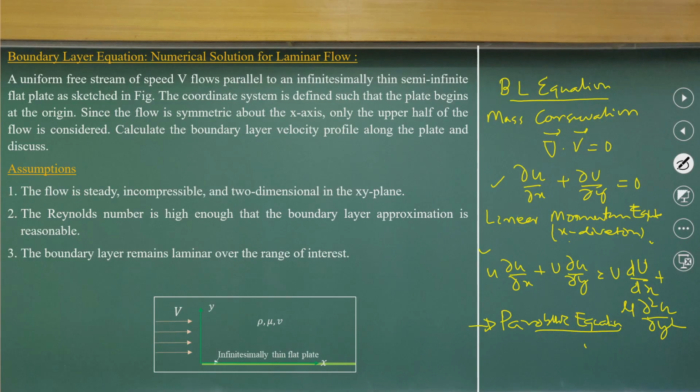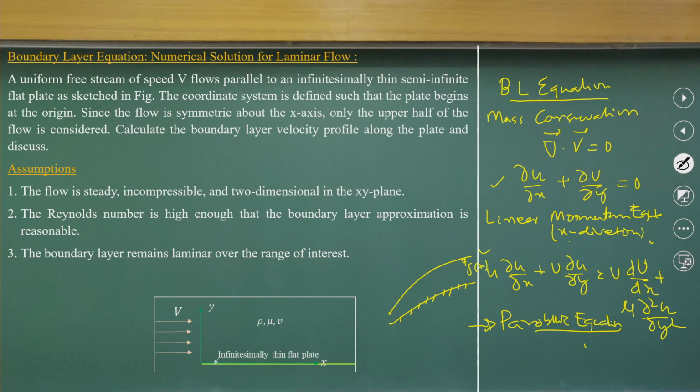This is a parabolic equation which simplifies things, so let me try to sketch that part. If I have a wall surface like this and you have a formation of boundary layers, that is delta x.